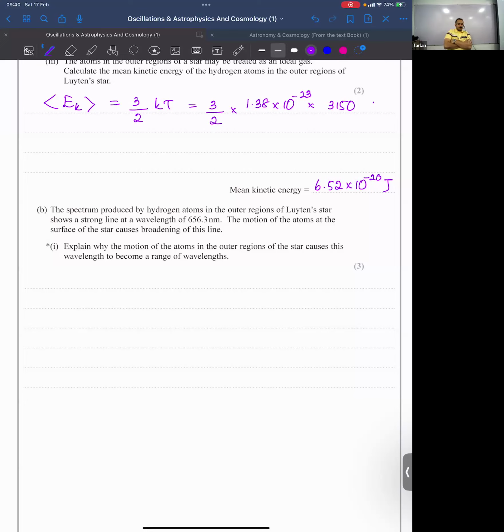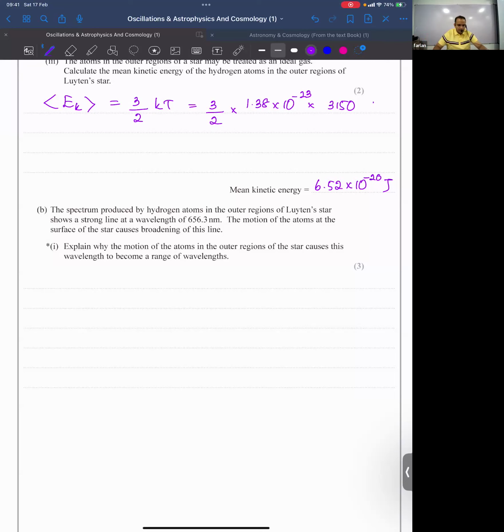Now what we calculated is the mean kinetic energy, the average kinetic energy. So definitely not all atoms have the same kinetic energy. So the atoms have a range in the values of kinetic energy. Correct? So that means they have different speeds. So the Doppler effect caused by them will be different, obviously because their speeds are different.